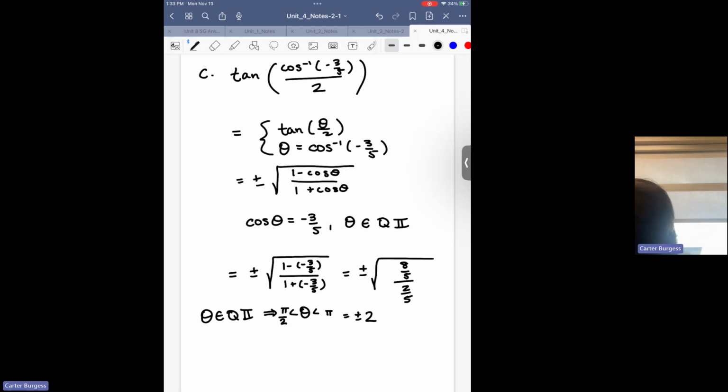We are trying to say what's going on with theta over 2. If the maximum value for theta, the upper limit of theta, upper bound would be an even better word, is pi, then what is the corresponding upper bound for half of theta?